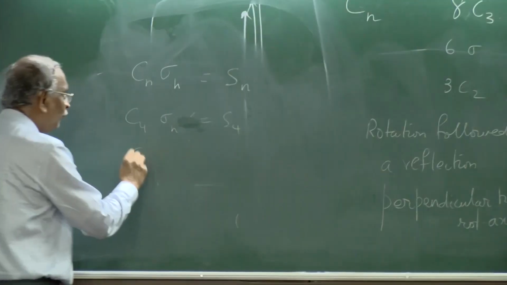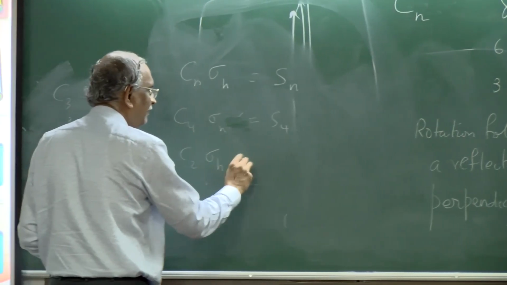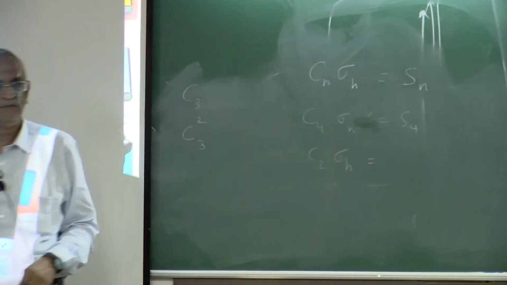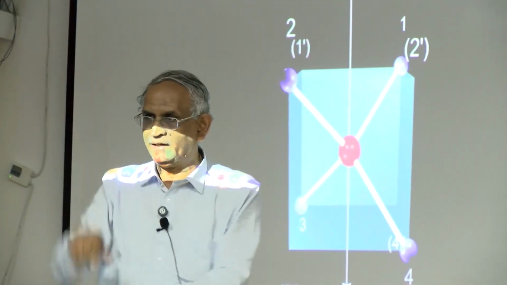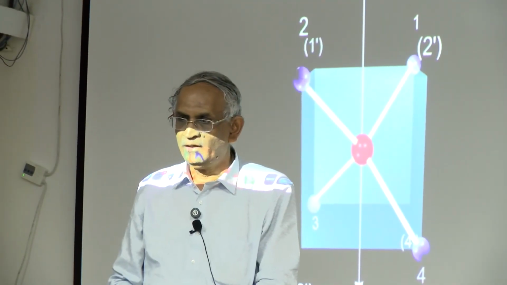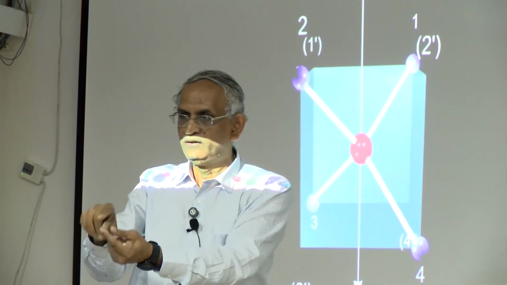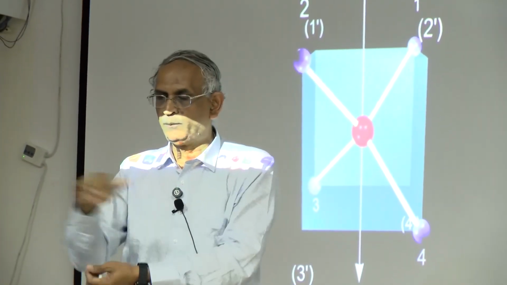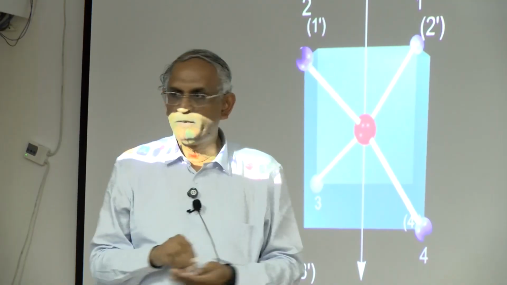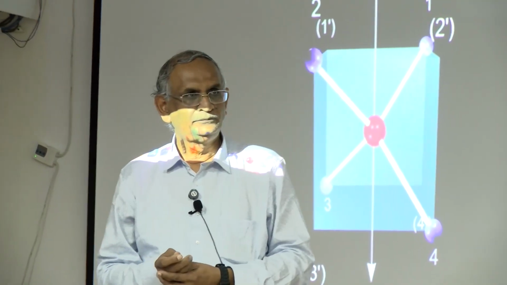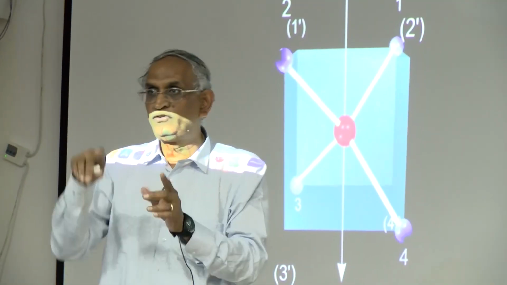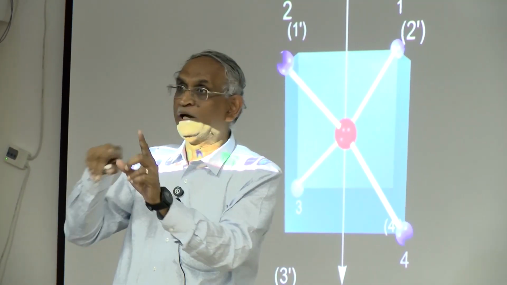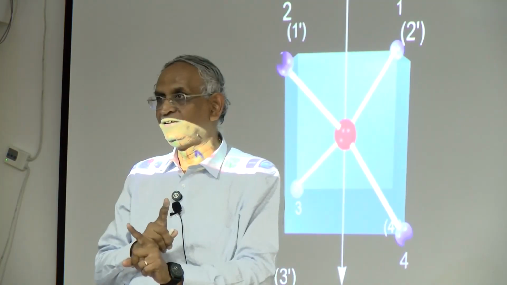What about C2 followed by a sigma h? Sigma is the plane perpendicular to the line. So Cn is the axis, sigma is the plane perpendicular to it. Will C2 sigma h be an element? Because you see, C2 takes a molecule to an identical configuration already.